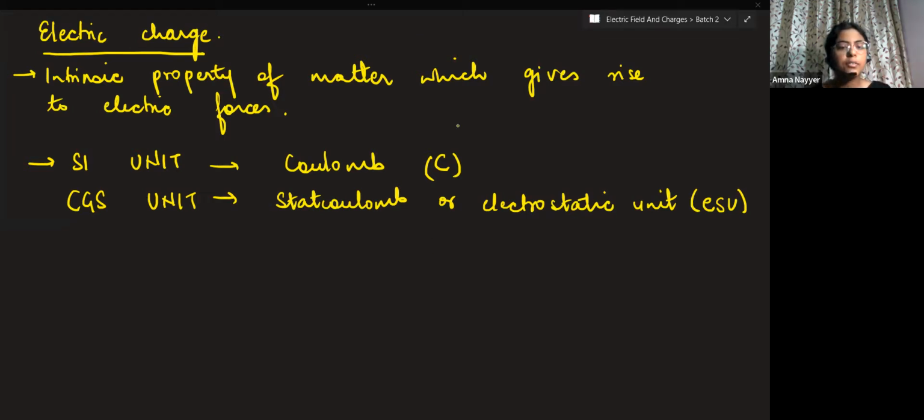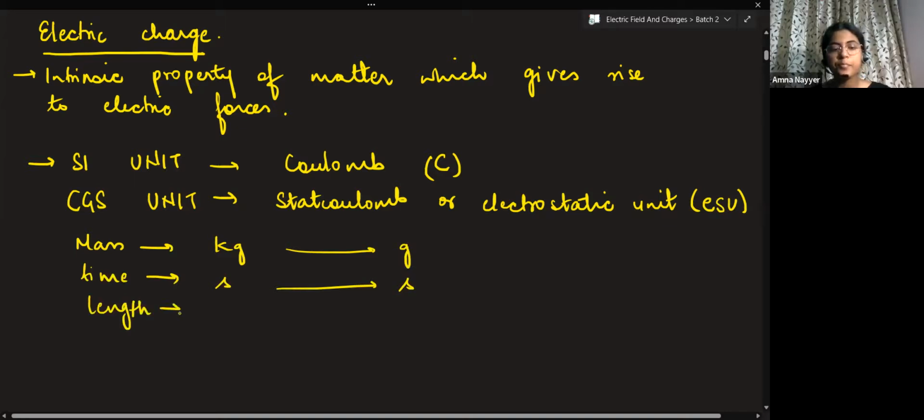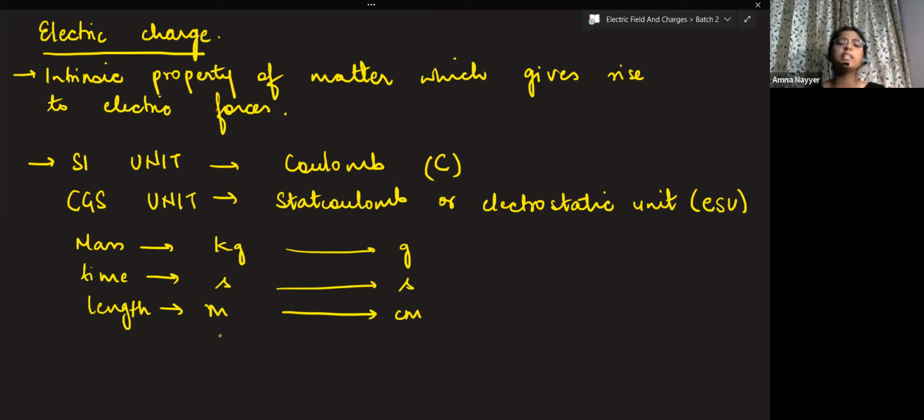So for mass, if you have kg as the SI unit, then the CGS unit is gram. For time, if the SI unit is seconds, then in CGS the time remains seconds only. Whereas for length, if the SI unit is meters, then in CGS this becomes centimeter. So the conversions we do from meters to centimeters, from kgs to grams, are because of this.